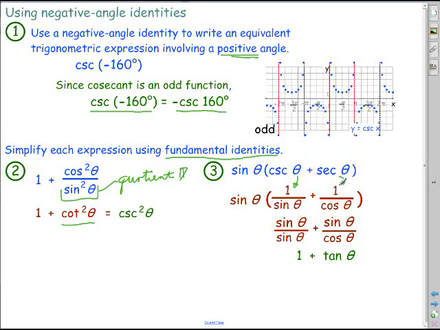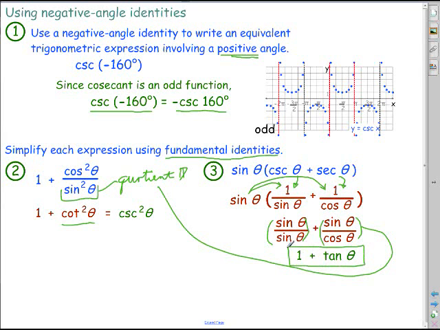Secant theta, its reciprocal identity. Then we distribute sine. We get sine over sine and sine over cosine, and of course sine over sine is just a fancy one, and sine over cosine again calls on this quotient identity to give us an answer of 1 plus tangent theta.